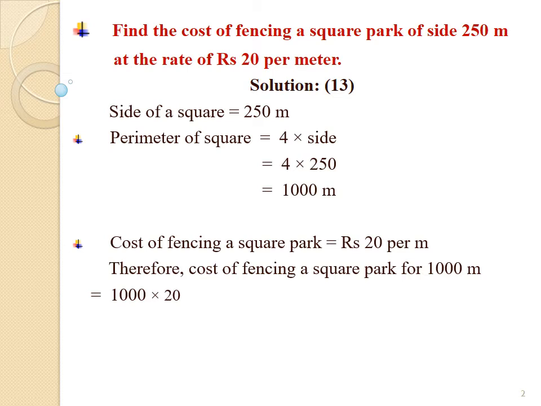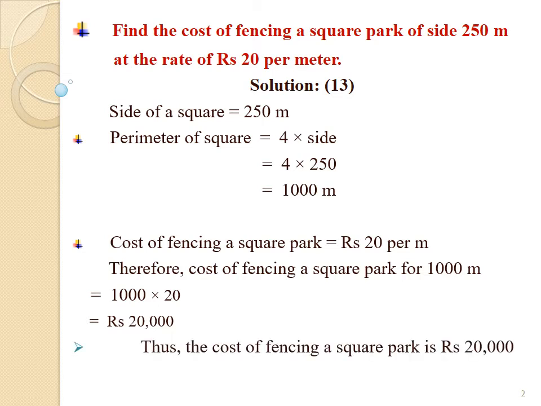Now, multiplying 20 by 1000, we get rupees 20,000. Thus, the total cost of fencing the square park is rupees 20,000.